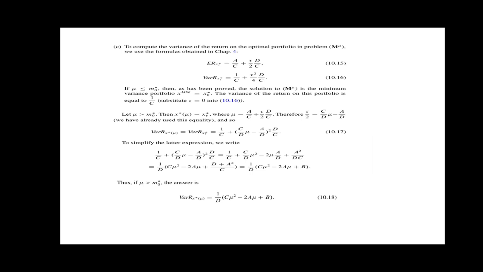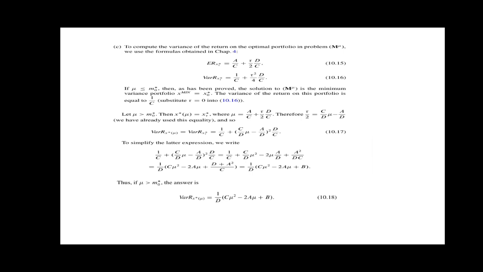We have already used this equality, and so Var R(x*(mu)) equals Var R(x_tau*), which equals 1/c plus d/c (c/d mu minus a/d) squared.